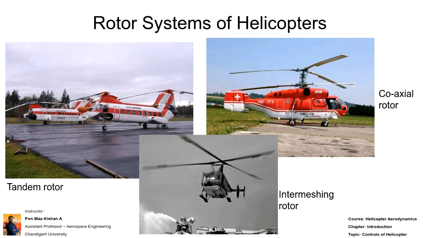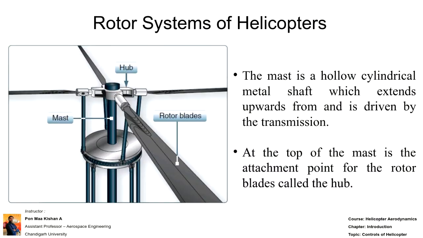So next, yes. So what are the components in the rotor system? So first one is hub. So hub is there, mast is there, and rotor blades.